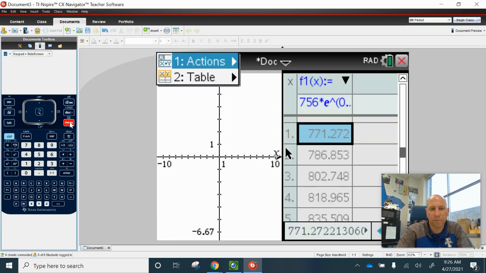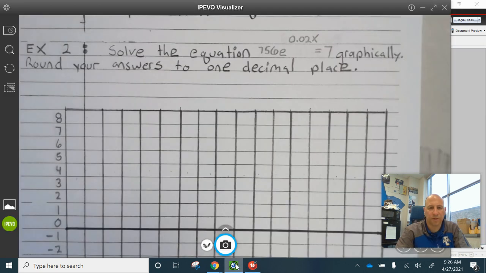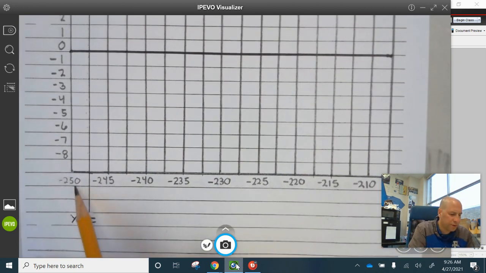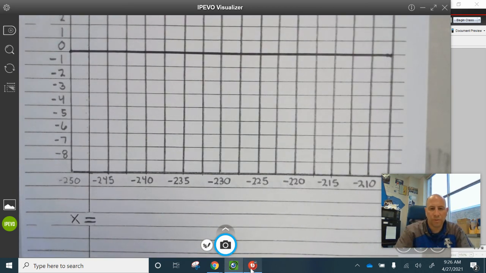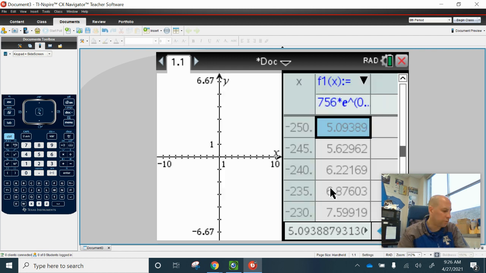So we want to go to Menu, Table, Edit Table Settings, and let's come over here. It looks like the x min is negative 250, and it's going to negative 210, and they're counting by fives. Okay, so we're going to start at negative 250, and we're going to count by fives. Press OK. And so now we have our points.